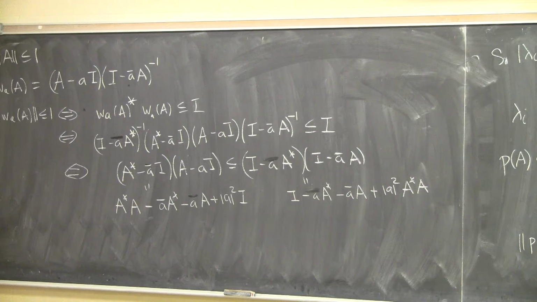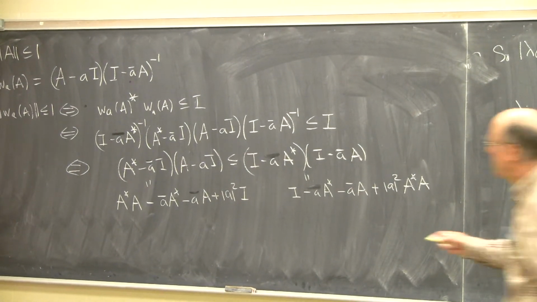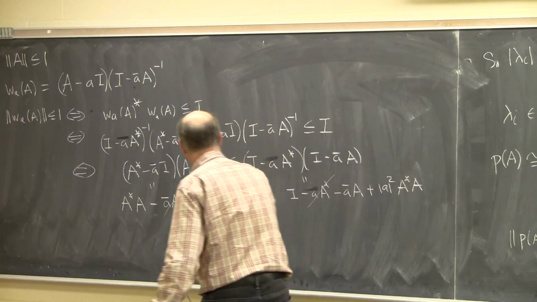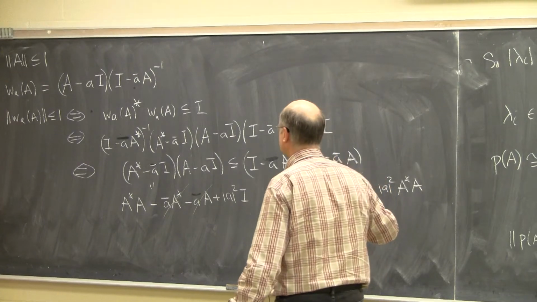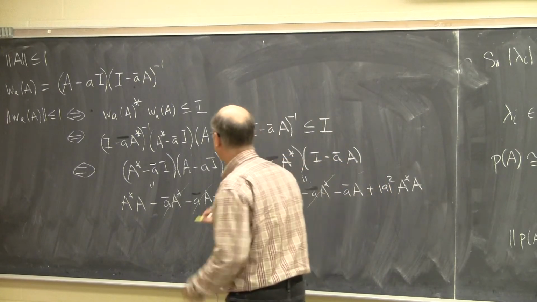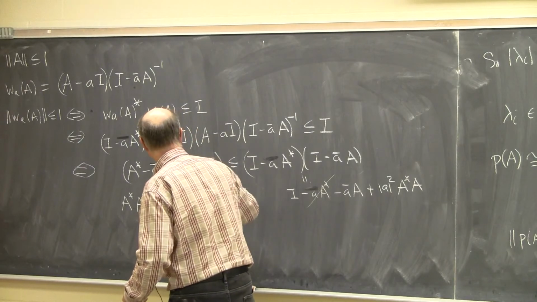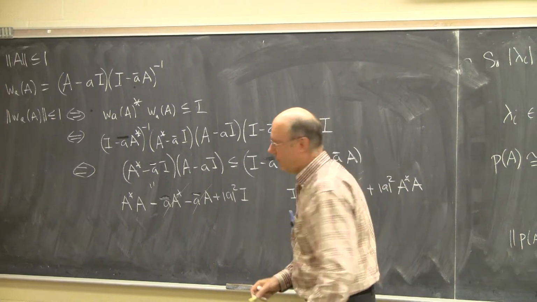Okay. So a bunch of stuff cancels. This a bar A star cancels that. This minus a A cancels. I have to do the calculation right though, and then it cancels. All right.